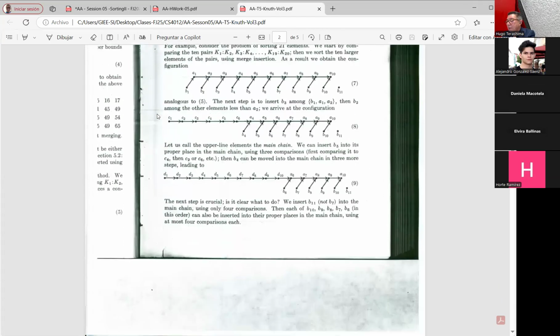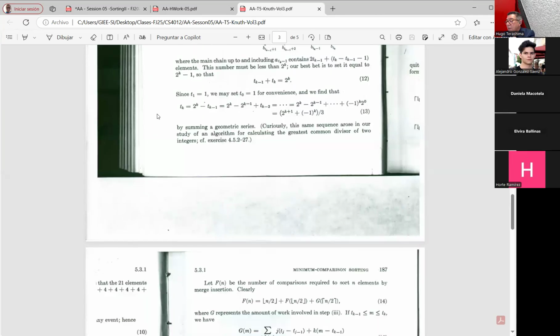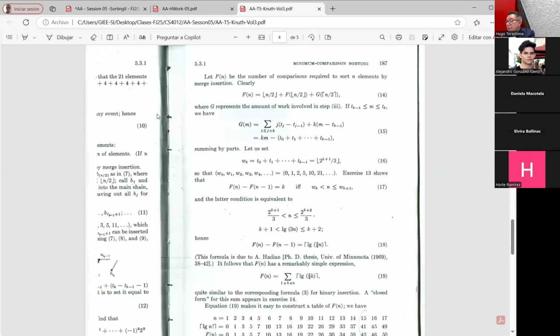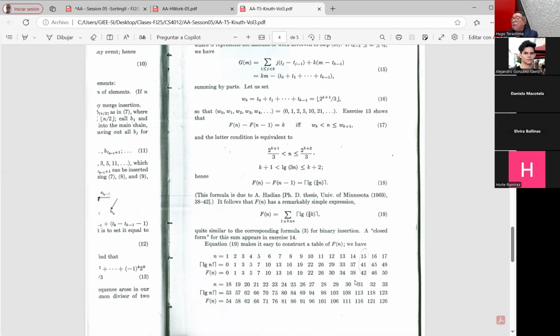And at the end, there's a table here with the number of elements, 14, for example, and then you say for 14 elements, the number of comparisons that the algorithm does is 38, you see, right here. And then you have to understand what the algorithm does, basically, and explain it in the homework.